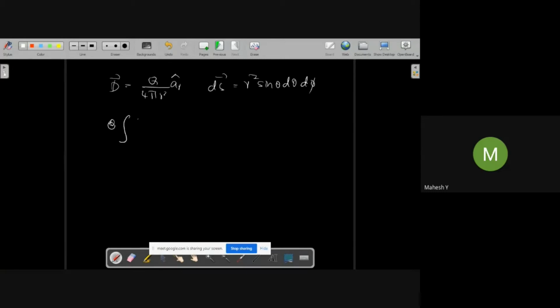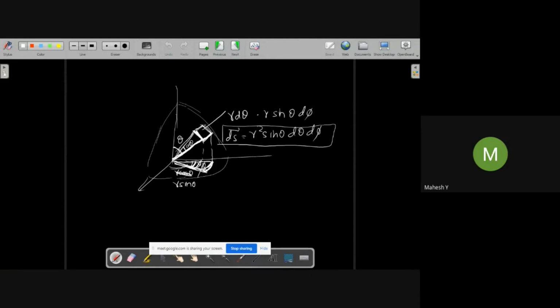You have to evaluate the double integral of D dot dS. The direction is a_r, right? Here, if you say the direction is outward, it is in the direction of a_r.